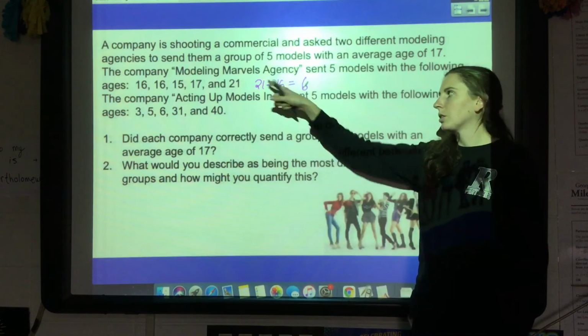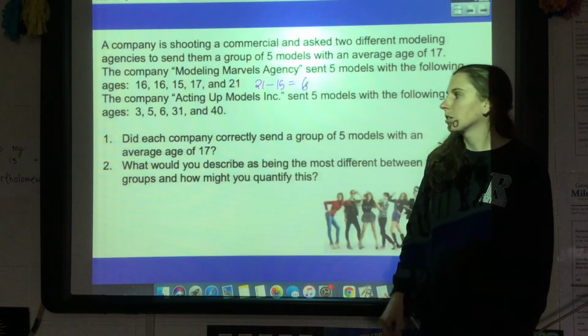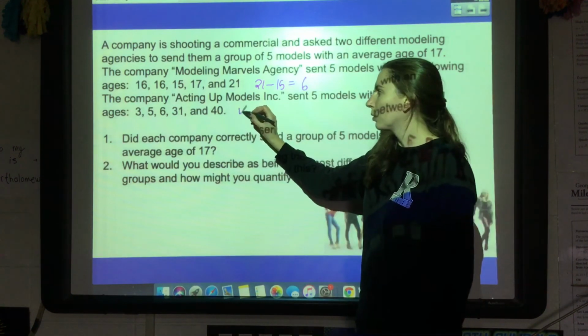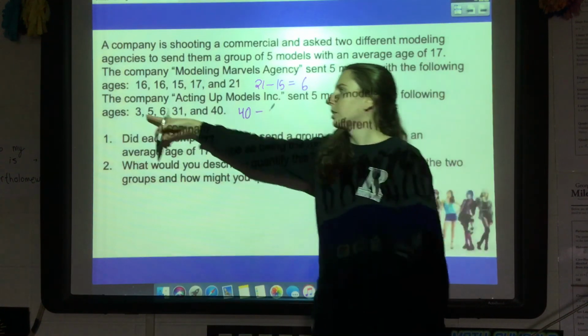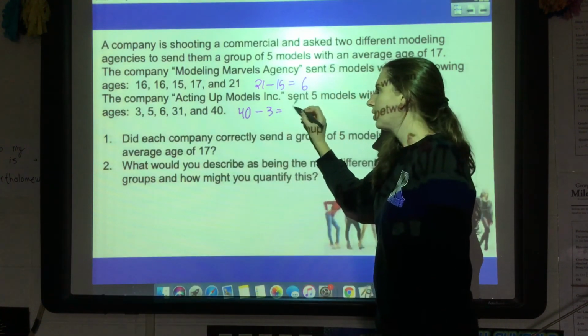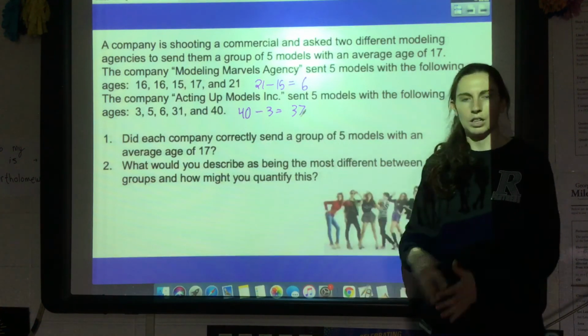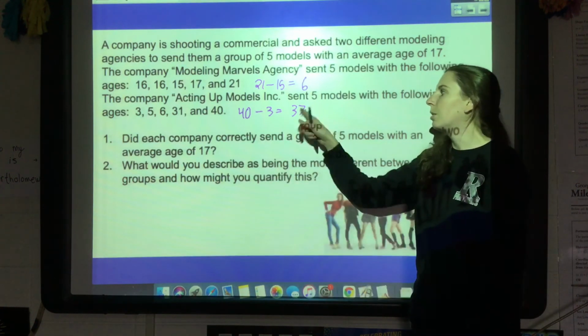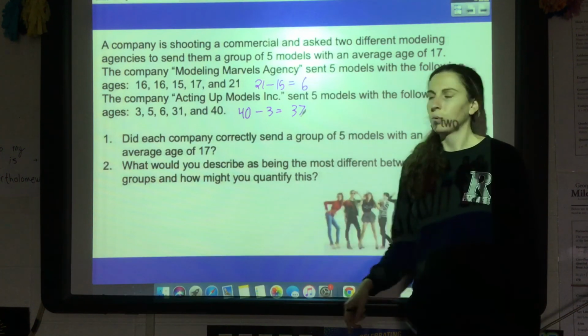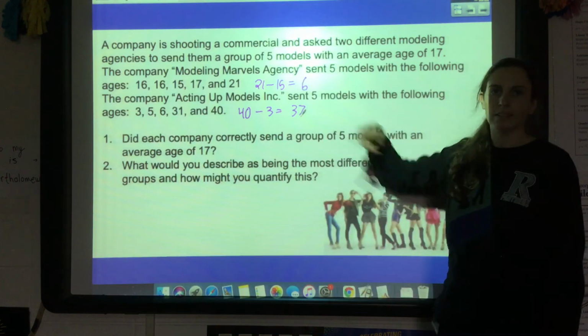Basically, from the youngest person to the oldest person was just 6 years. On this one, the range was 40, the max, minus 3, the min, which is 37. So from the youngest to the oldest, it was a range of 37, which is much bigger than this range, which tells us this data is more spread out than this one.